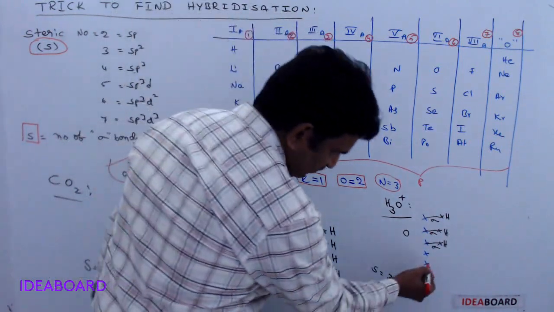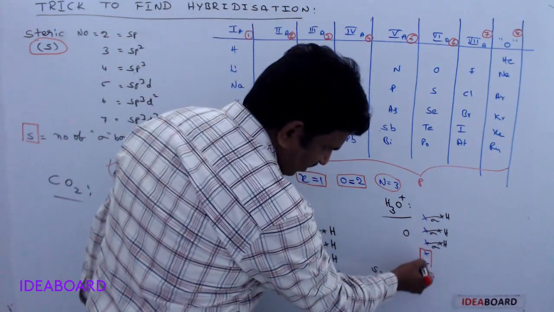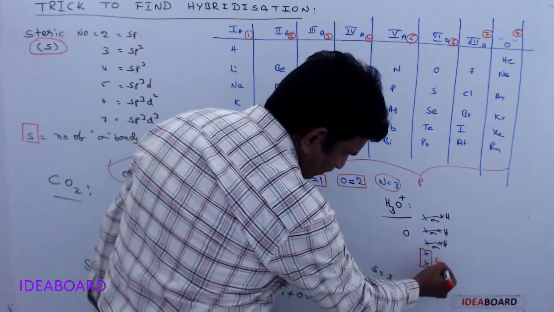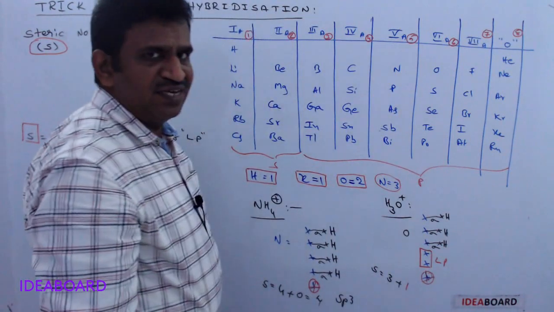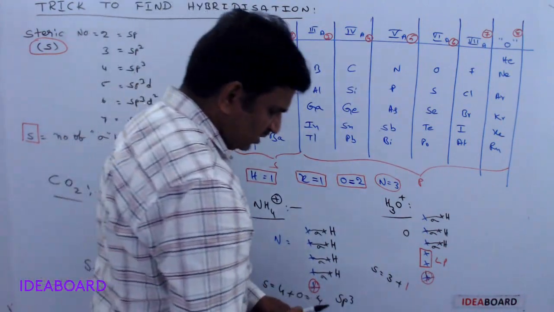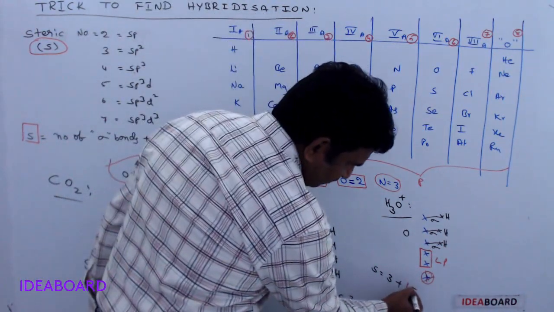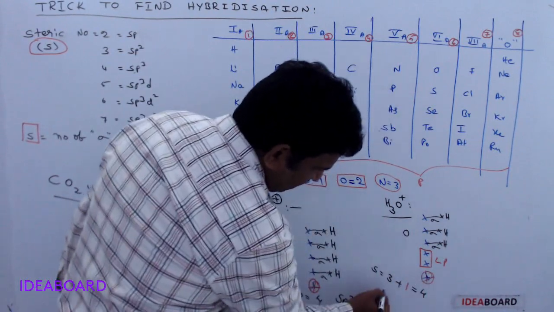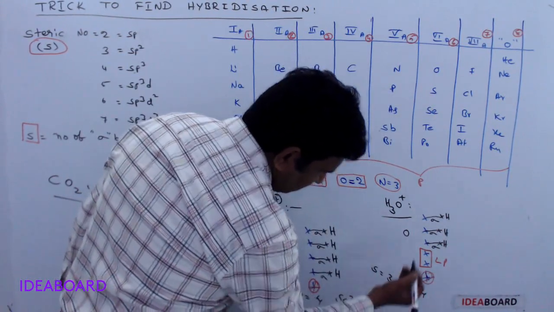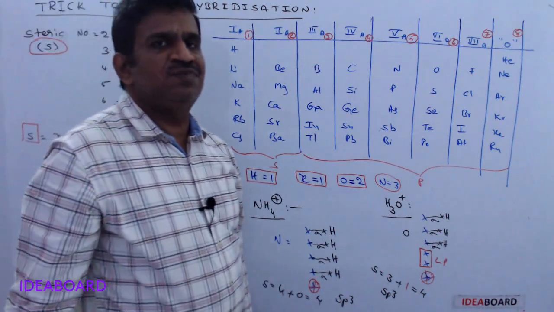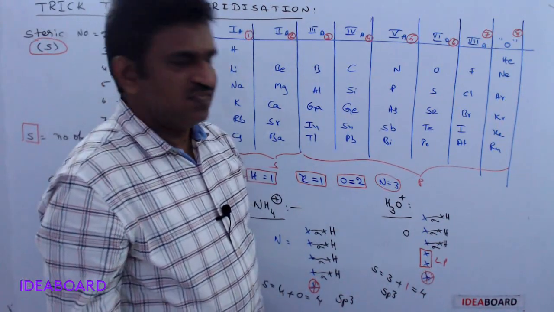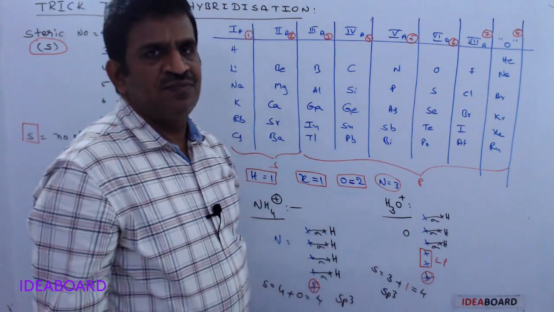Yes, you have. Please see, this is one lone pair. So we have one lone pair. So totally, what is the steric number value we are getting? 4. Steric number value 4 means what is the hybridization? sp3. But what is the shape? sp3 means tetrahedral, no?